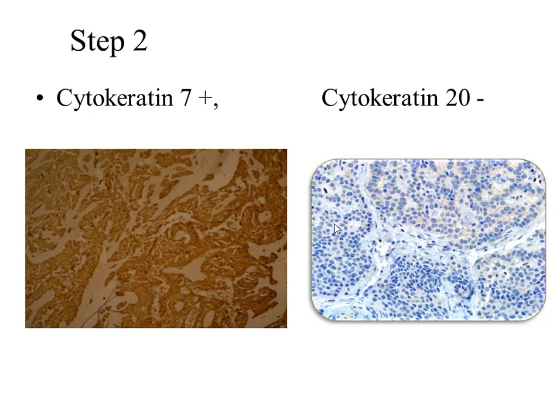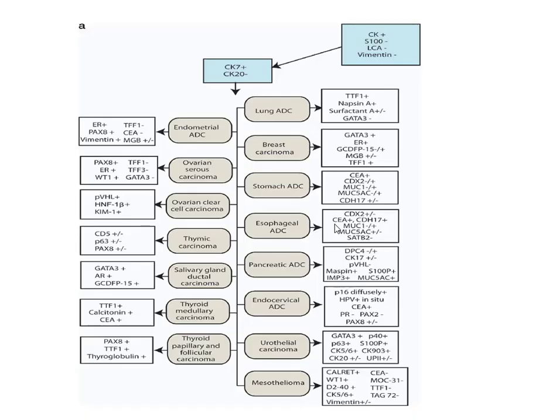Step number 2. We added cytokeratin 7 and cytokeratin 20. Cytokeratin 7 was positive, cytokeratin 20 was negative. According to that, we receive 15 possible diagnoses of the tumor.